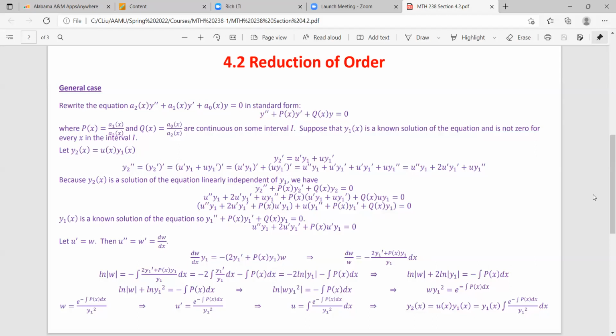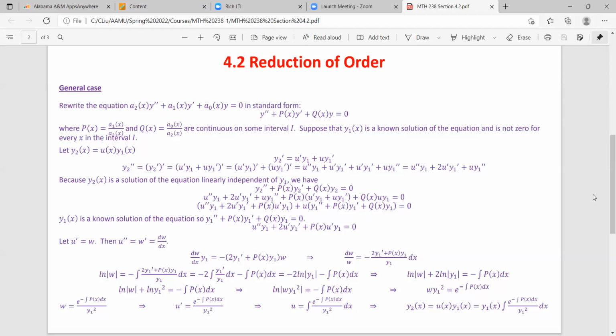Suppose that we already know y1 of x is a solution of the equation and it's not 0 on the whole interval I. So we also require y1 is not 0. Then we will deal with the standard form of the equation, and let y2 equal u times y1, where u is some function.